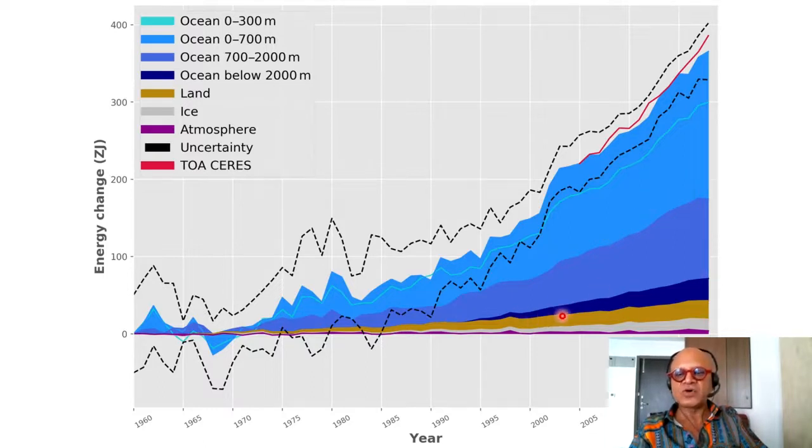Land is also storing more and more energy, even though land cannot store much energy because its heat capacity is low. It can cool rapidly with seasons, yet over time ground temperatures are increasing, and of course atmosphere accumulates some of that energy, but atmospheric heat capacity is very low. It's a very light fluid with very low density, so it cannot really have long memory.